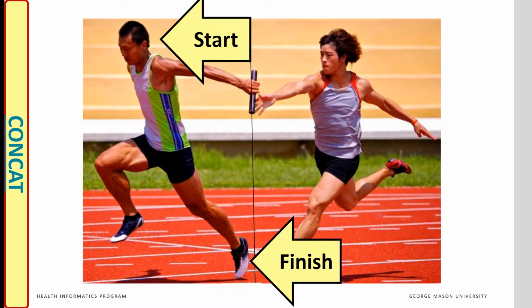We begin with the CONCAT function. This function joins one or more strings so that the end of one is the beginning of another. Think of it as a relay run, with each run segment being a string. You may also think of it as a way of adding text to each other.